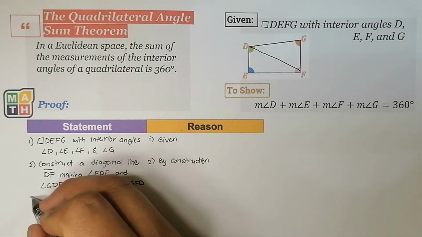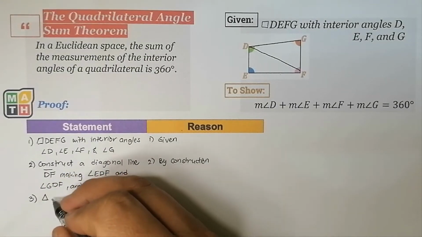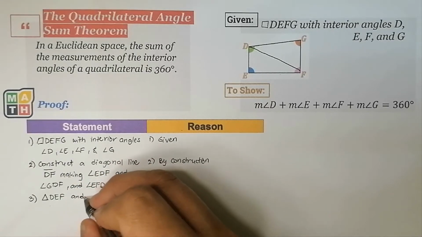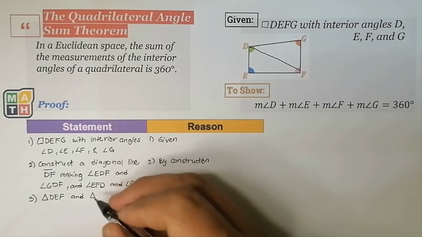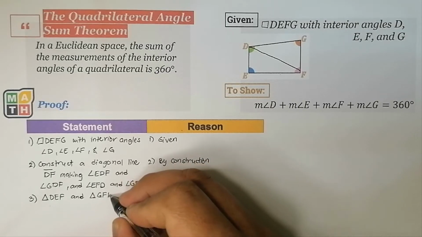So we are going to declare it here. We have triangle DEF and triangle GFD, or GDF if you would like to.